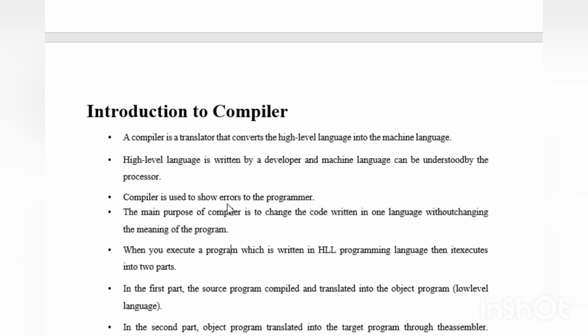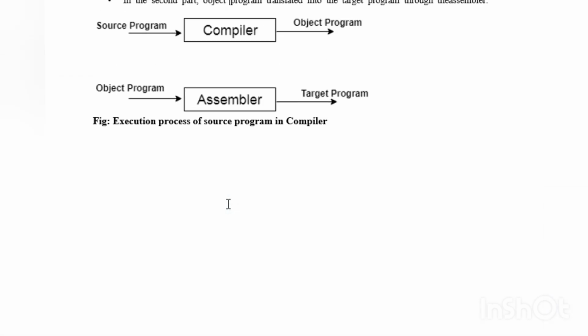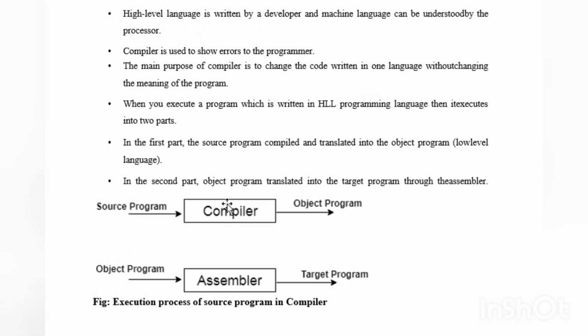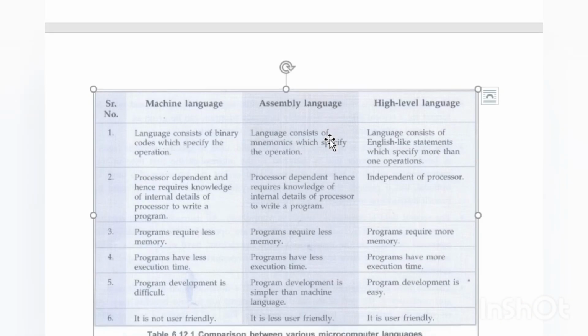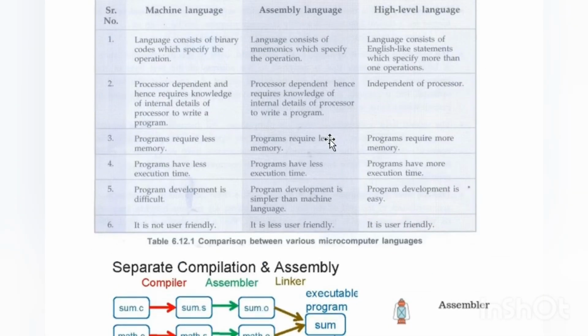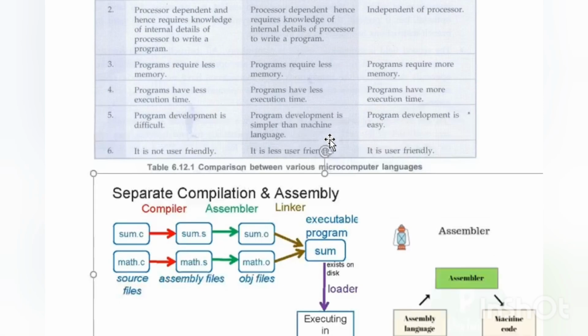Okay. So this is the main working of the compiler. In the first part, the source program is compiled and translated into the object program in a lower level language. In the second part, the object program is translated into the target program through an assembler. Next, we have the difference between machine level language, assembly level language, and high level language that we have seen earlier.